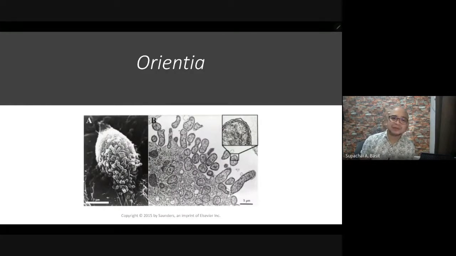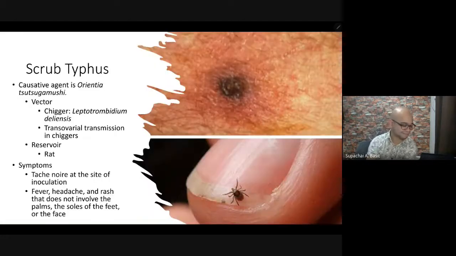Let's now discuss another genus of the Rickettsia, and we have Orientia. With Orientia, we have scrub typhus. Scrub typhus is formerly known as Rickettsia tsutsugamushi, but now we call it Orientia tsutsugamushi.